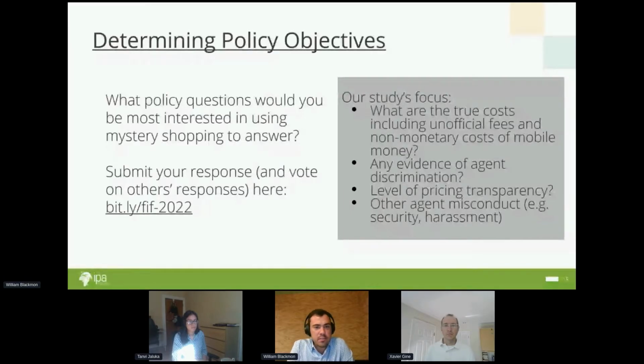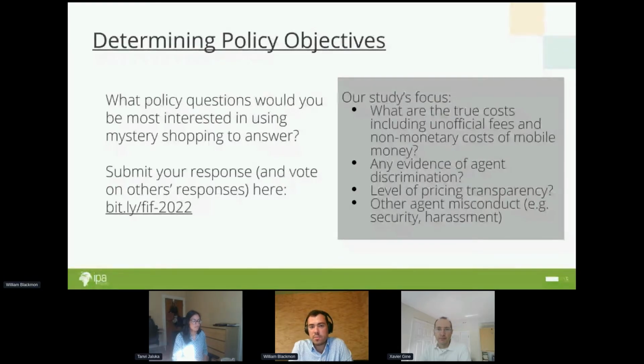So our study, the transaction cost index, we are very much interested in understanding the true costs of using mobile money, including both the unofficial fees and non-monetary costs. It's possible that you would be interested in not necessarily cost, but other barriers to uptake, issues around the sign up, the onboarding process, what sort of documentation, ID requirements there are, for example.